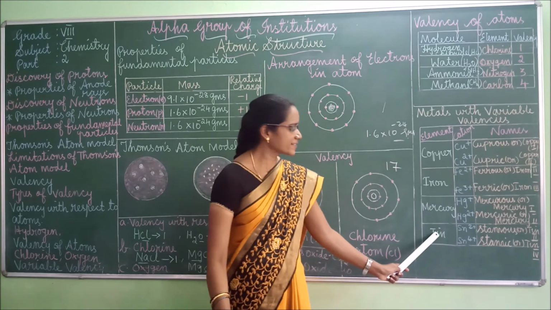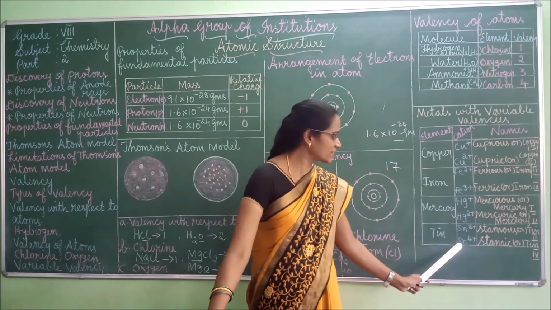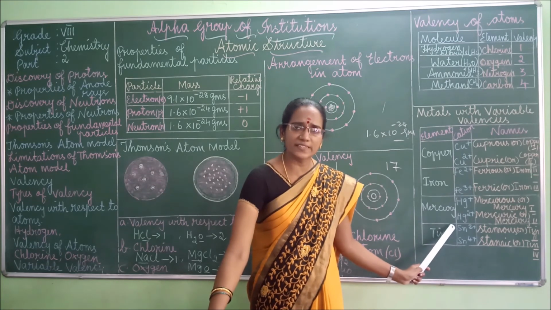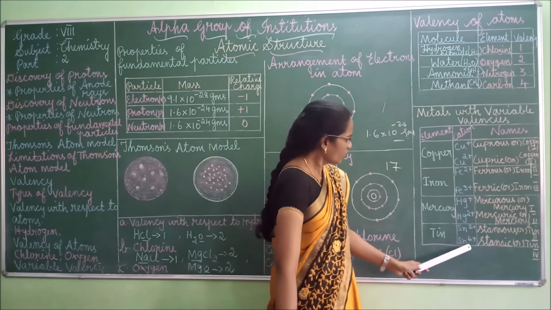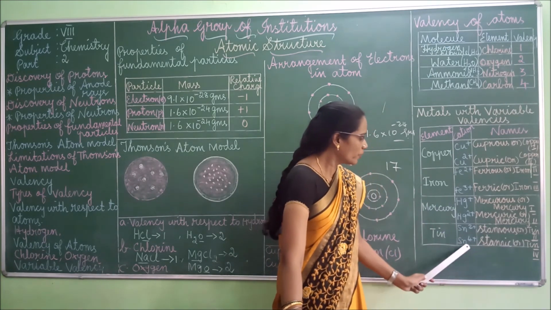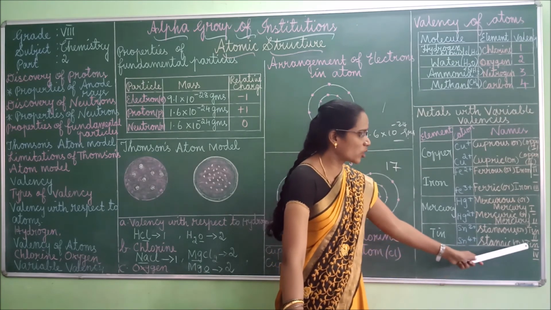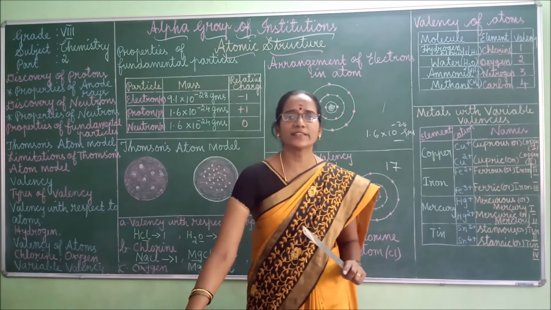Right? Good. So next one is tin. Tin is Sn2+ as well as Sn4+. So which valency is higher? 4, isn't it? So for Sn2+, stannous or tin 2, whereas Sn4+, stannic or tin 4. Here one thing you have to remember, children, you have to add the suffix.